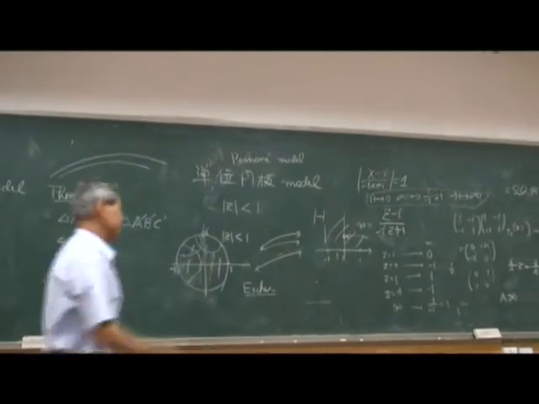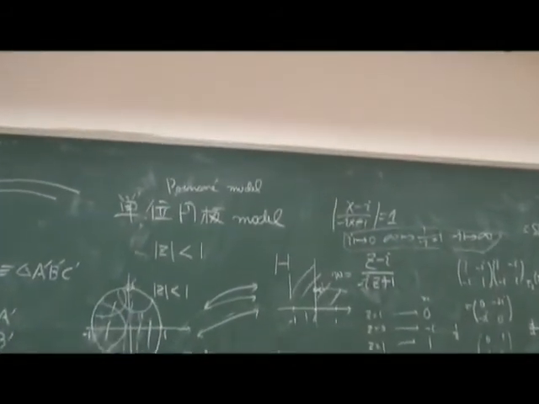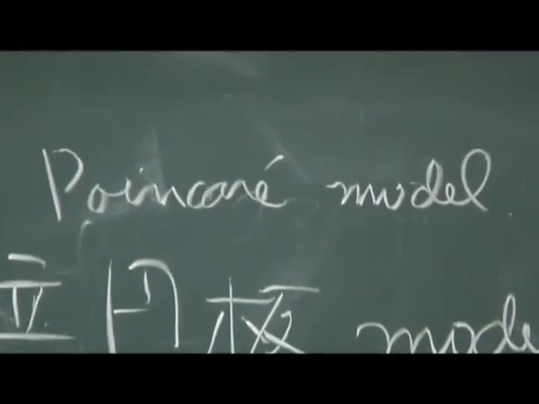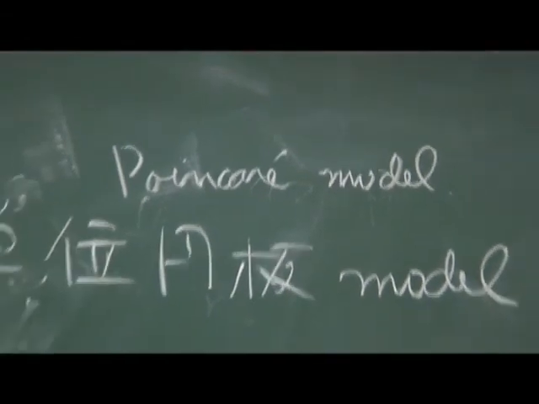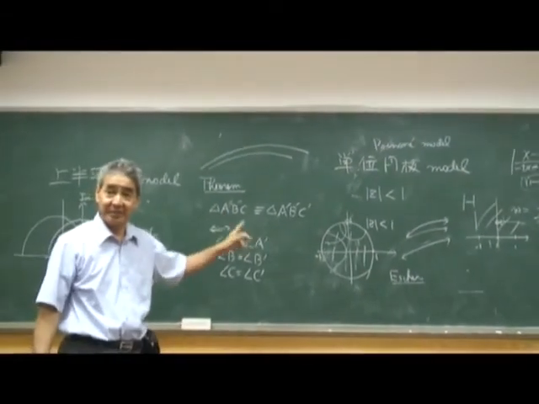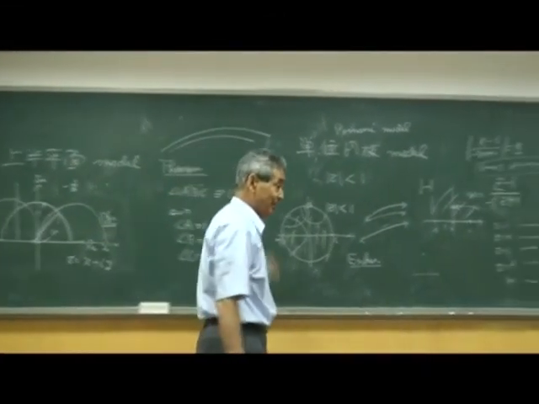And he used this non-Euclidean geometry to construct the automorphic functions. That's also a great discovery of the end of the 19th century. So it's a kind of generalization of the modular forms, which I gave in the last talk.